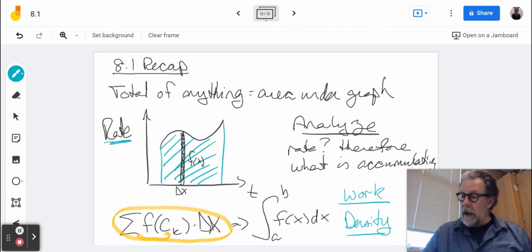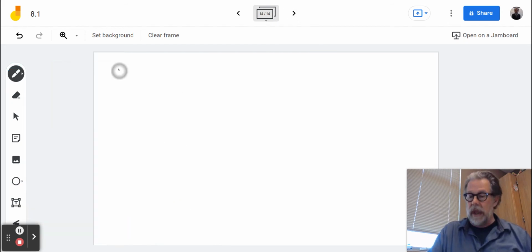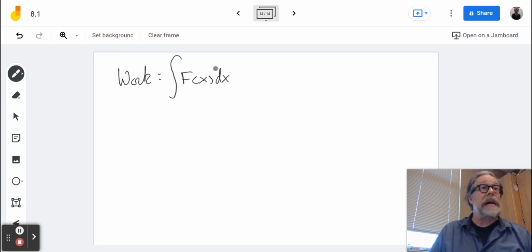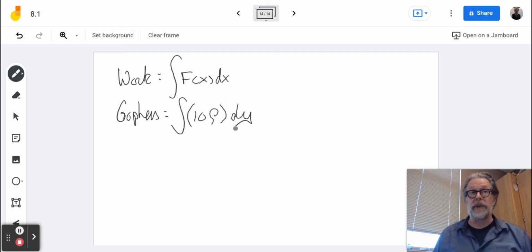All right, so let's just do a quick recap of the examples we did. We had work, which was the area under a force curve. We had gophers, which was the area under, and now be careful here, 10 times the density of the gophers curve because of the width of the problem, the length of the strip.